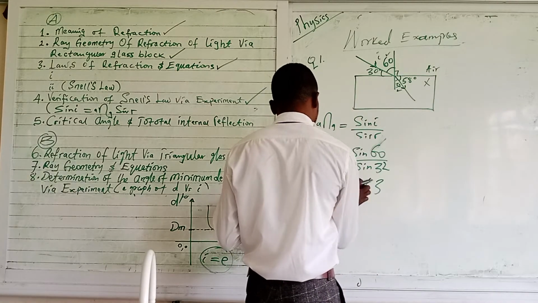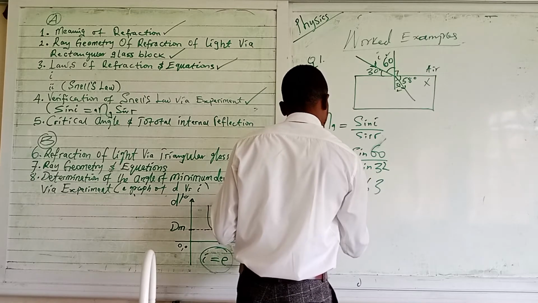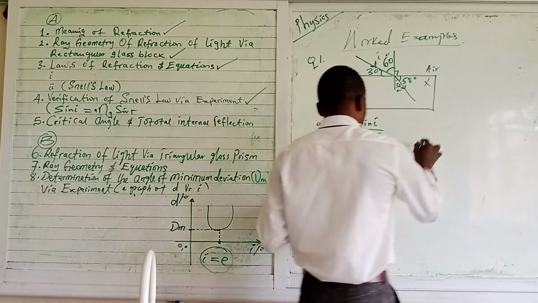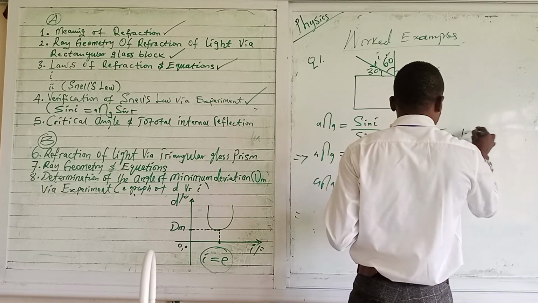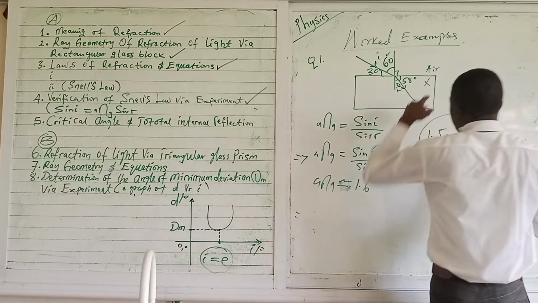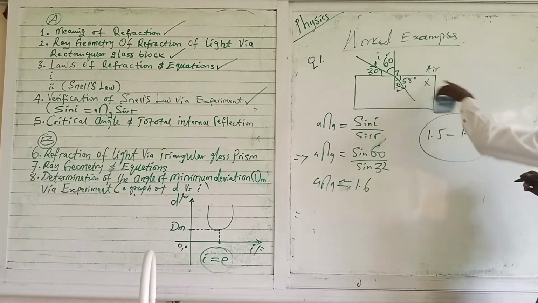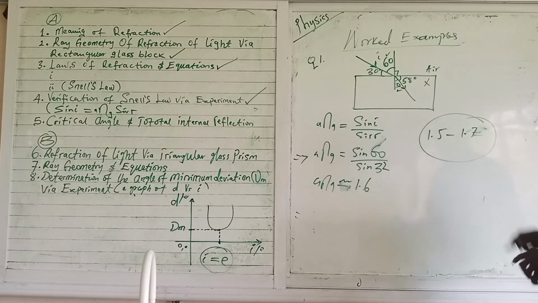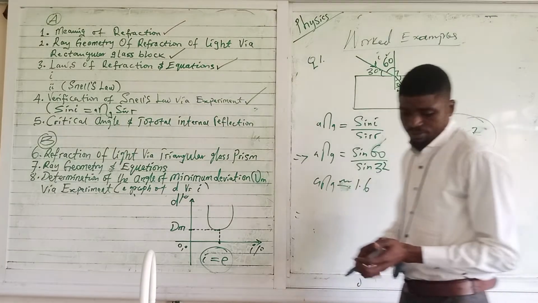Air to glass is approximately 1.6. We need a range of 1.5 to 1.7. So this means that this material X is a glass media because the refractive index falls within this range. Lovely.